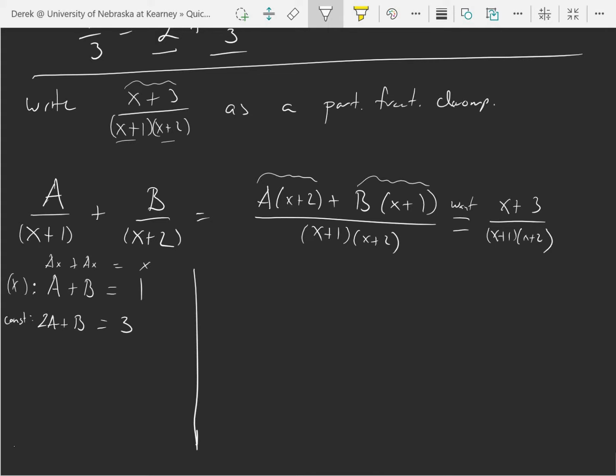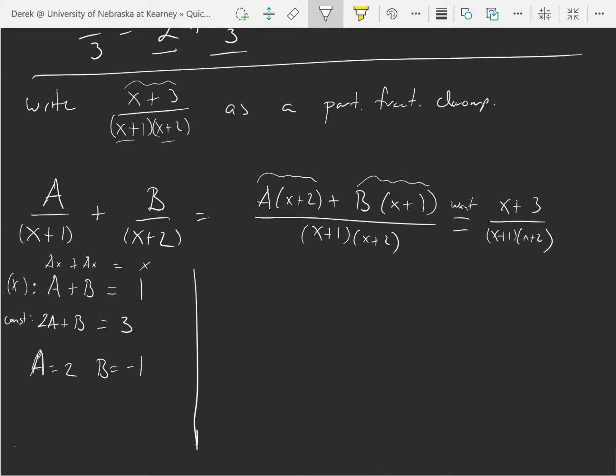So I need to solve these two equations simultaneously, and let's subtract the first one away from the second one, and I would get that a is equal to 2, and if a equals 2, b equals -1. Okay, so that's sort of the first way to do this.